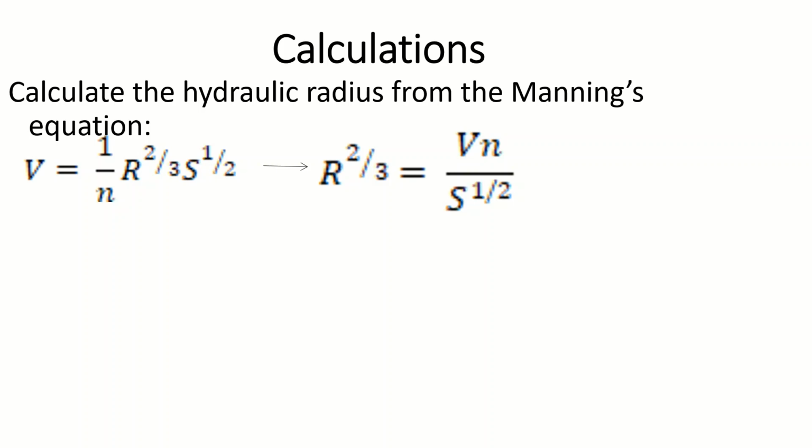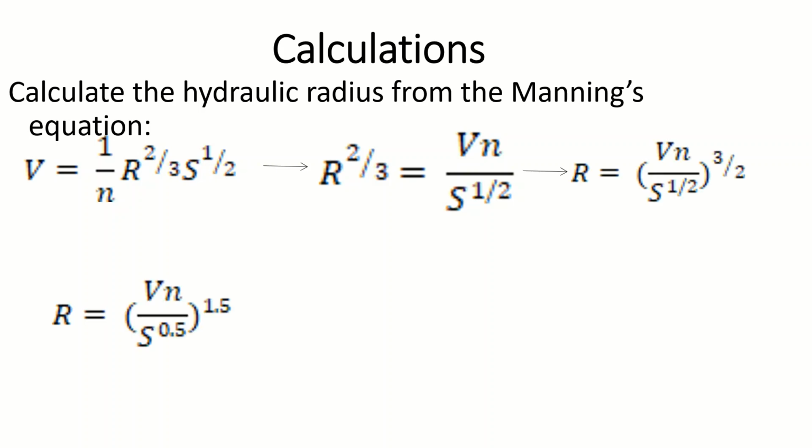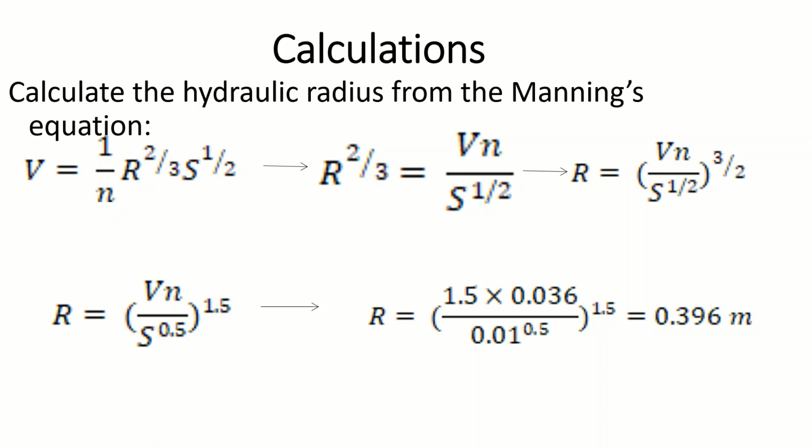Now what we may do, this 2 by 3 will go on the other side. It will become Vn by S raised to 1 by 2, raised to 3 by 2. Do we have the value of velocity? Yes, velocity is 1.5 meters per second and we just calculated N, it is equal to 0.036, slope 0.01, 1% already provided in the problem, and raised to 3 by 2.